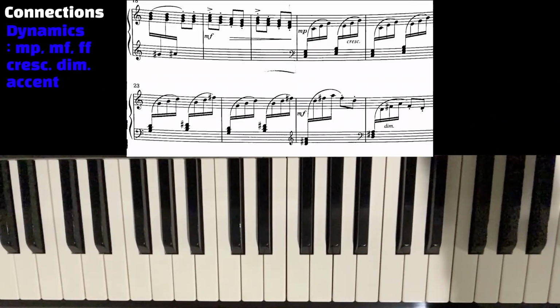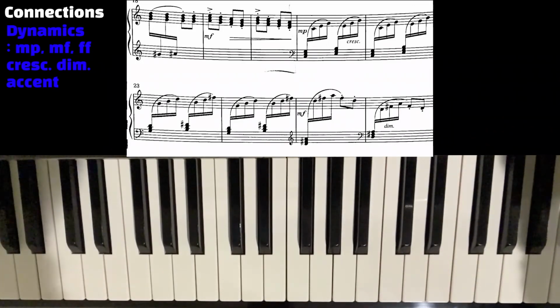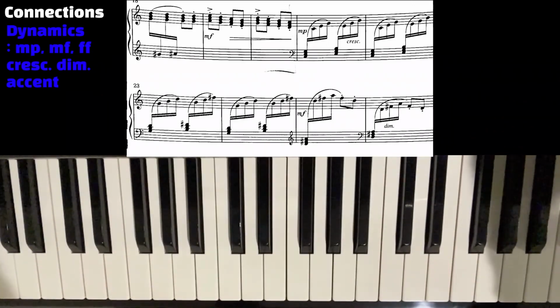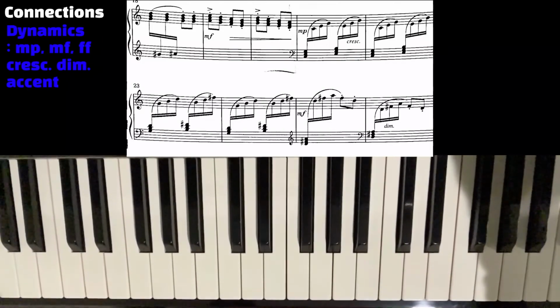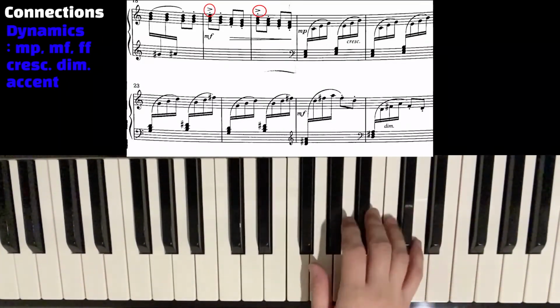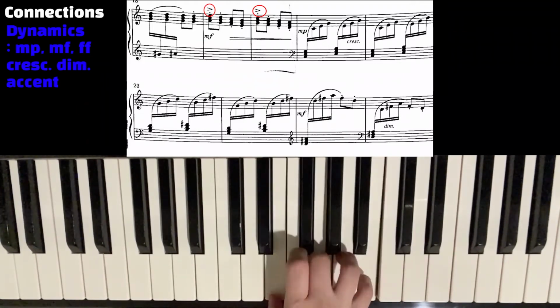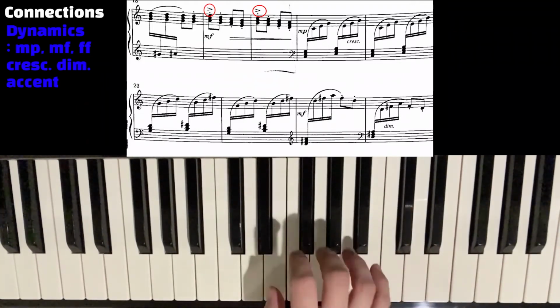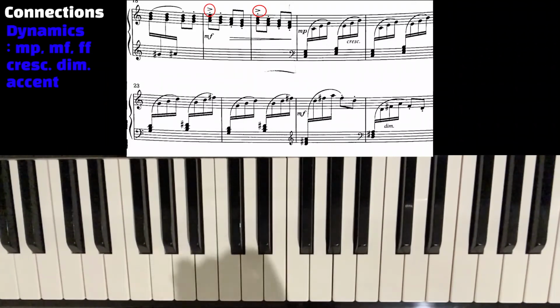When you look at the last part of the B section, you have the accent on the first chord of the measure. You're going to play a strong, loud accent when you have that sign.